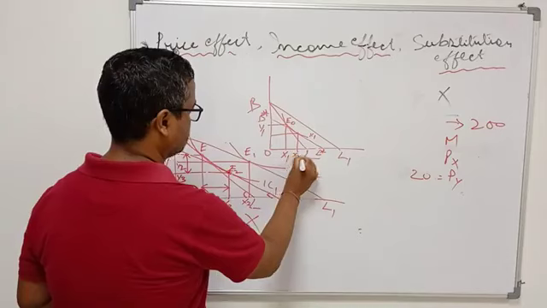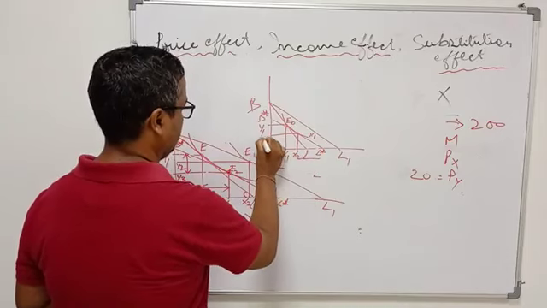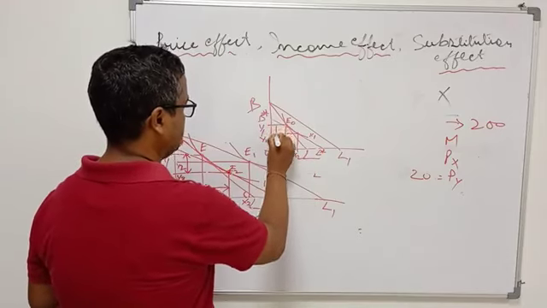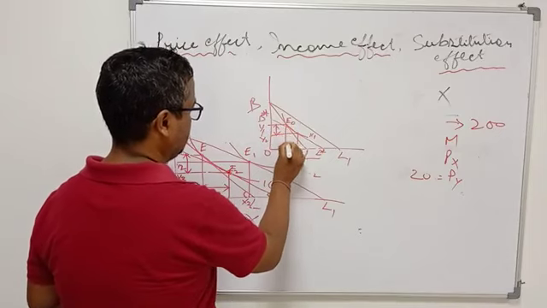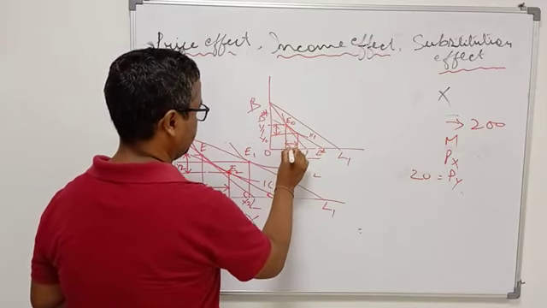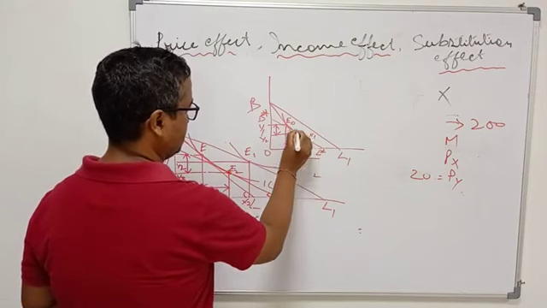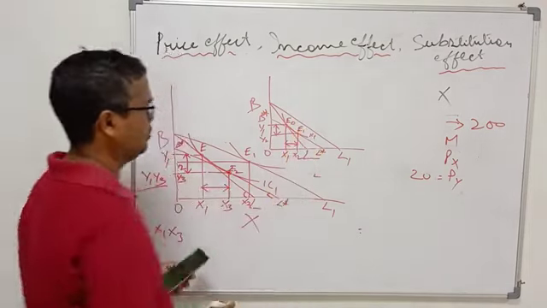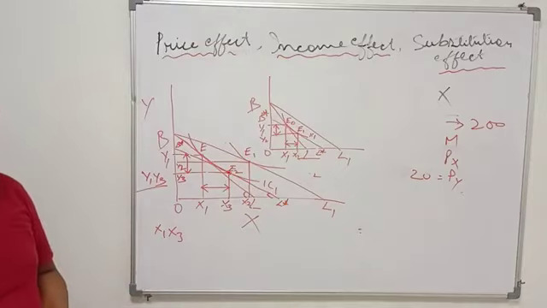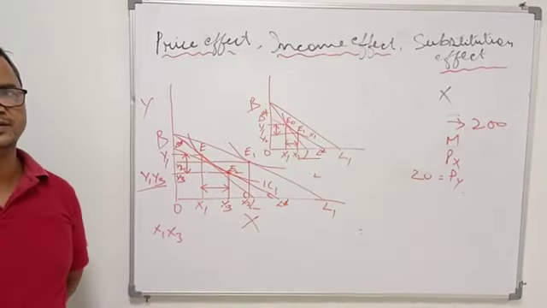Now it is purchasing OX2 of X good and OY2 of Y good. See, this much Y has been replaced with this much X, and the consumer is at equilibrium at this point, given the name E1. So this is known as the substitution effect.